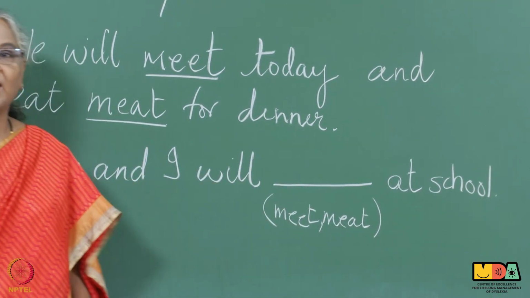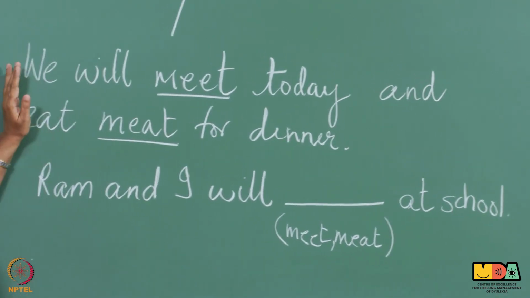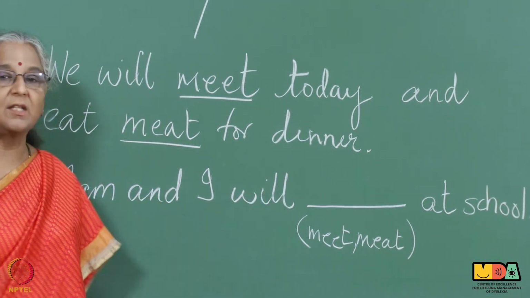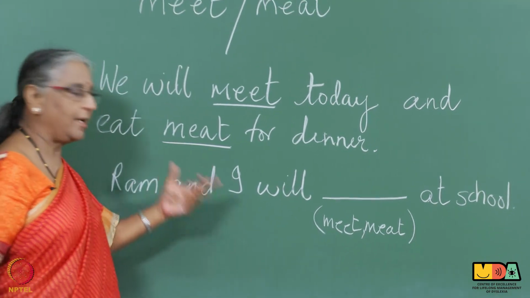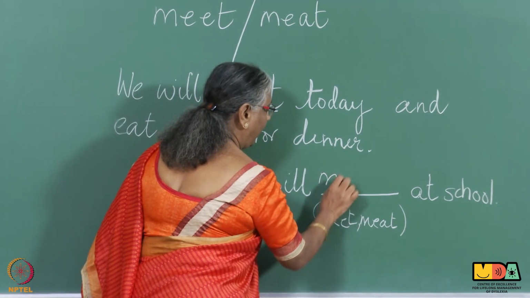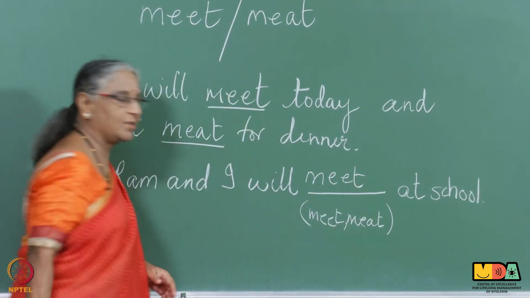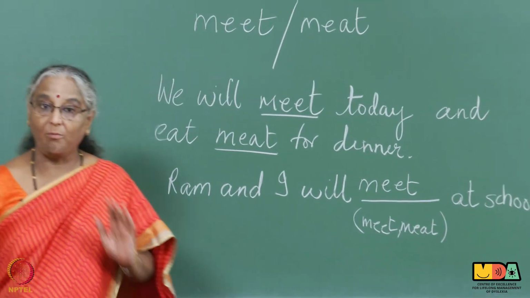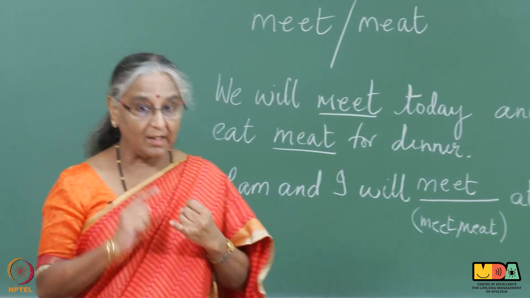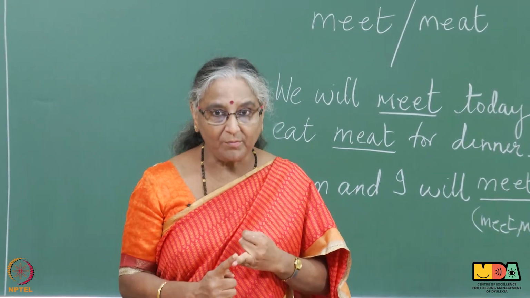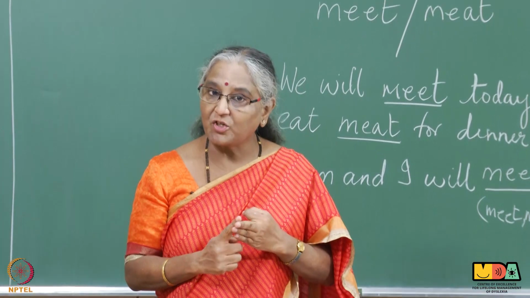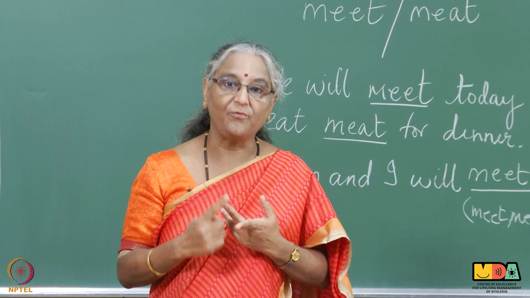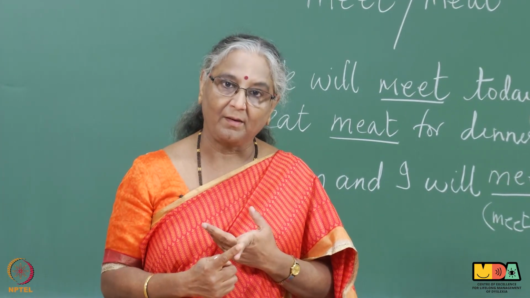Since you have given him the meaning and you have given him the visual clue, the closure exercise becomes easy for the child and he is going to write and say, yes, Ram and I will meet at school. These are good exercises for teaching homophones. Please give them the meaning, give them the context, give them the visual clues and make them fill in the blanks or do the visual closure exercises.